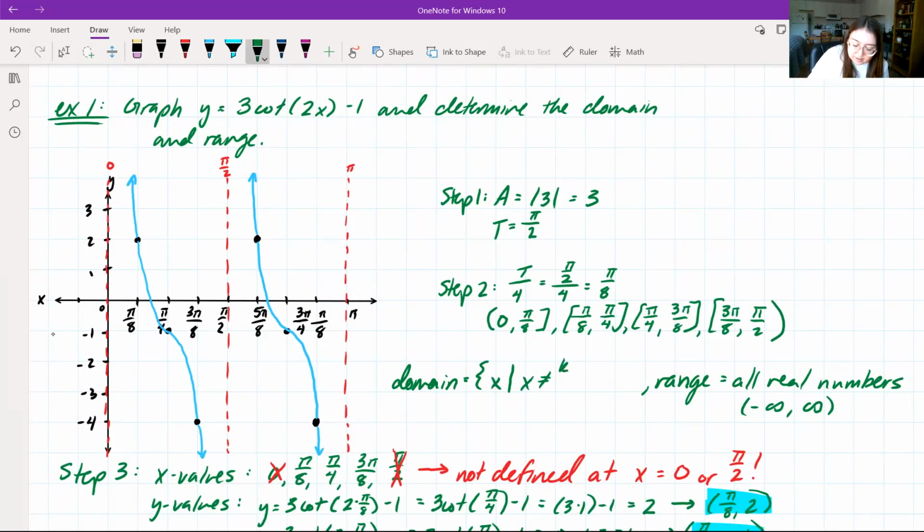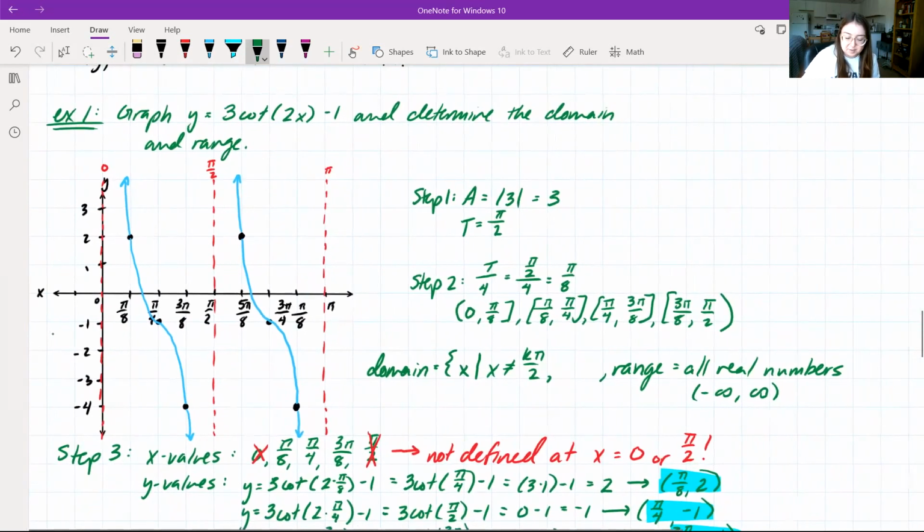x is not equal to k pi over 2, and now we just have to state what k is. So we're saying that x is k pi over 2, and we're going to move this around a little bit so that we have some room to write this out. So we're going to move our range lower.